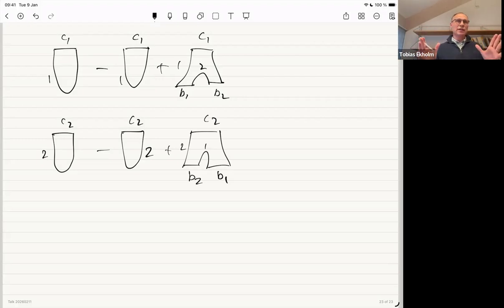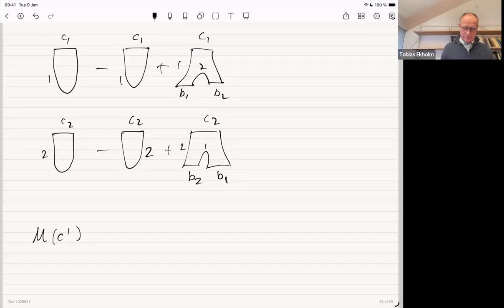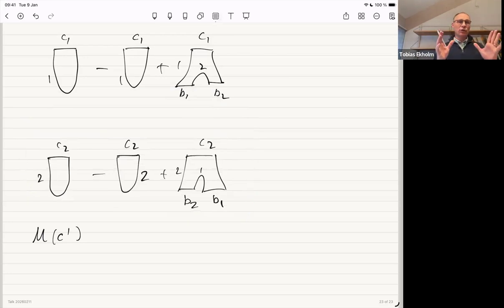we want to look at the moduli space of all the curves that have, say, positive puncture at C1, right? So I'm going to call that moduli space C1. And when I say all the curves, what curves do we have? We have those at infinity.